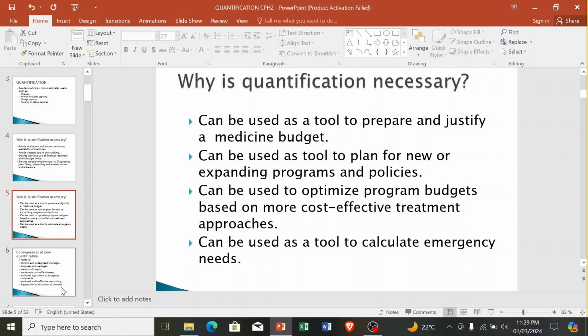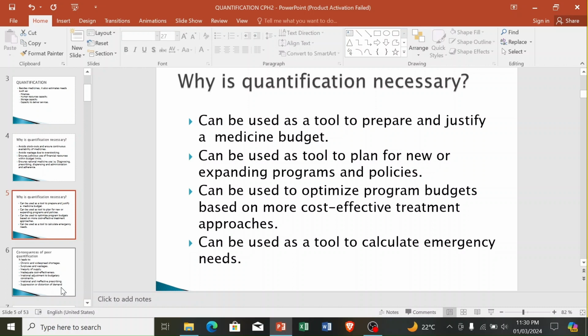Because if I need to expand and cater for 1,000 people, yet I have initially been catering for 500 people, I will have to double whatever quantities I have been ordering. So it guides you, it becomes a tool that you will need to use when you plan to expand.